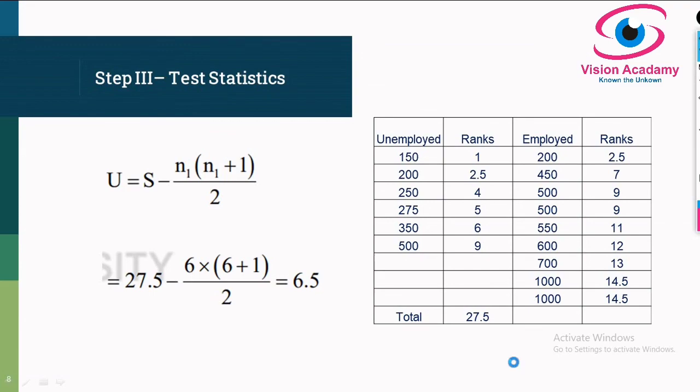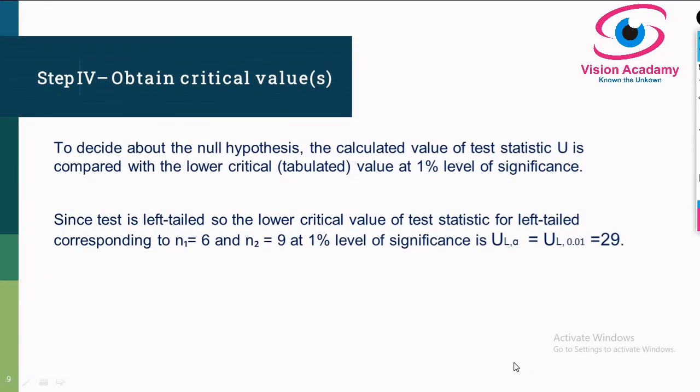Next, the fourth step is to obtain the critical value. To take a decision about the null hypothesis, the calculated value of test statistic U is compared with the lower critical value at 1% level of significance.